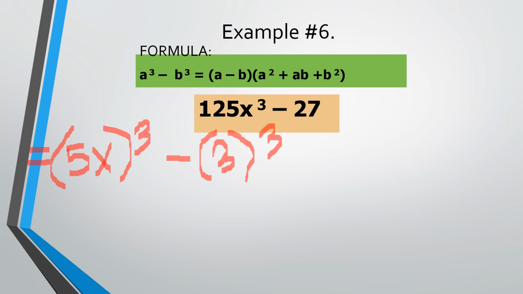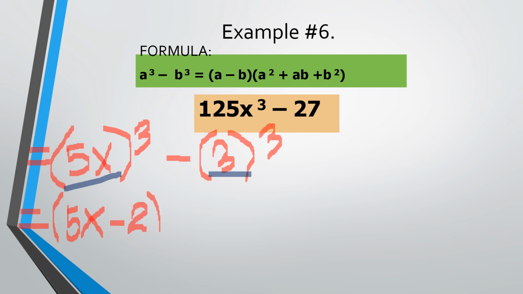Next, equals. By the way, this is our A and our B. Now let's apply the rule. Open parenthesis, A minus B. We have 5x minus 3.